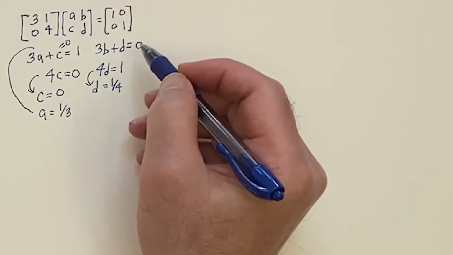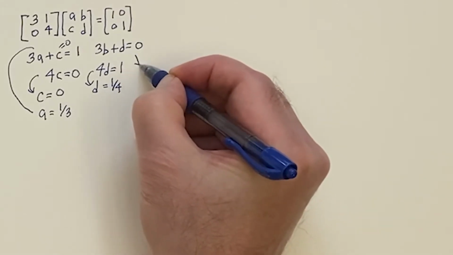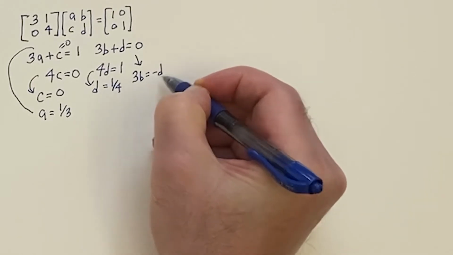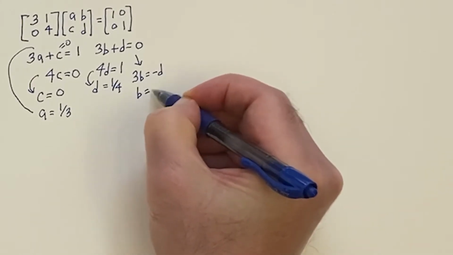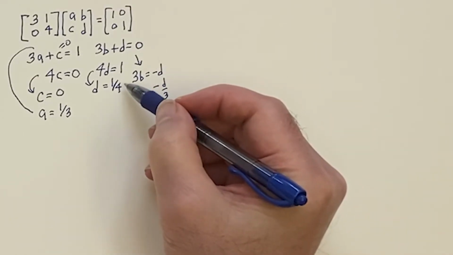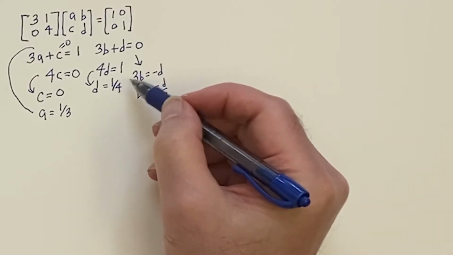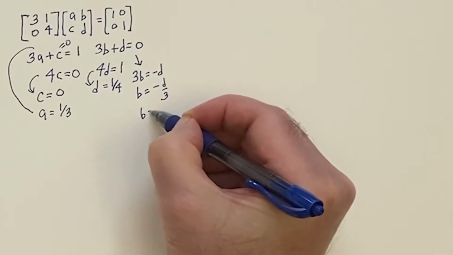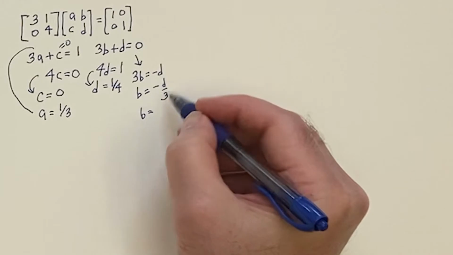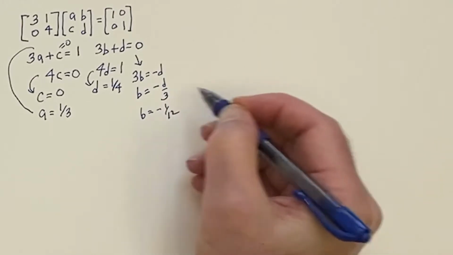Well, to find the B from this one, this says 3B is minus D. B is minus D over 3. So that means B is minus 1/3 of a 4th. Of course, the 4th is the D, so that's minus 1/12.